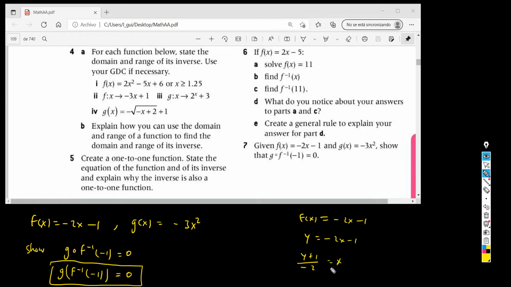And therefore, finally, I change x for f inverse of x, and I change y for x. X plus 1 over minus 2. So this is f inverse. I already have f inverse.